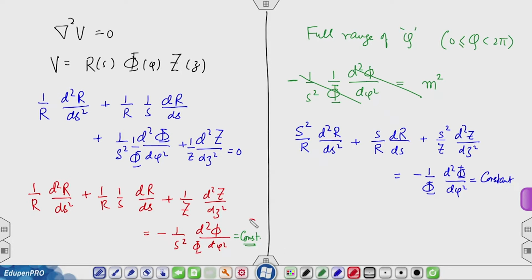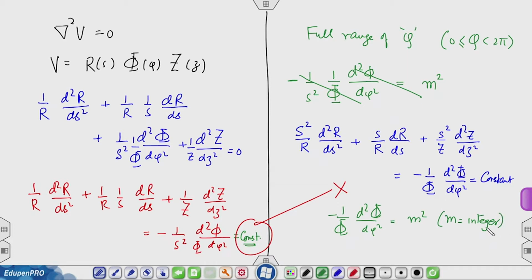What I wrote here was not correct because the right hand side had an s dependence also. Now I take minus 1 over Phi d2 Phi over d phi square equals m square, where m is an integer. And this is when the full phi range is allowed, because then the solution has to come back to itself as you go around from 0 to 2 pi, and therefore m has to be an integer.